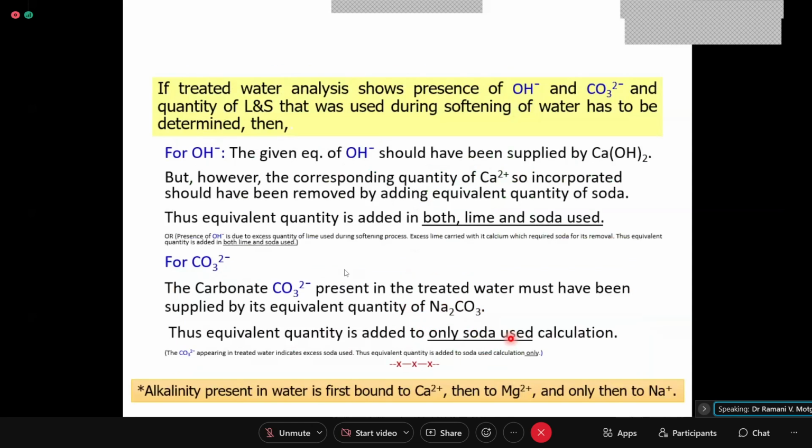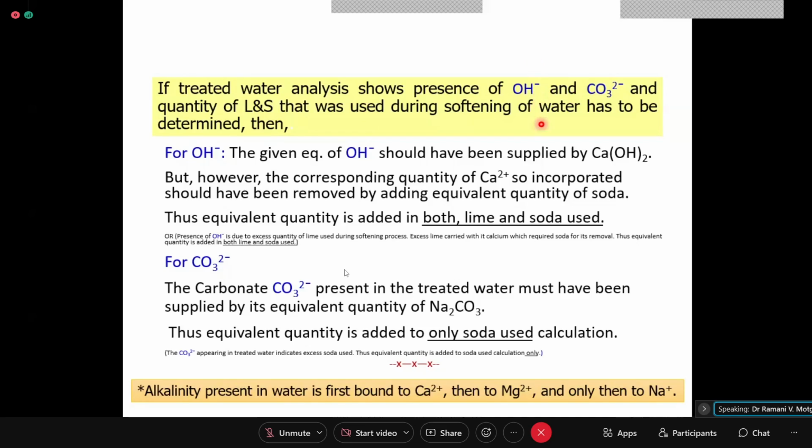Okay, then coming to the case where a treated water analysis is given. If a treated water analysis shows the presence of hydroxide and carbonate, and the quantities of lime and soda that were used during the softening, the process has taken place, and now you are calculating how much excess.